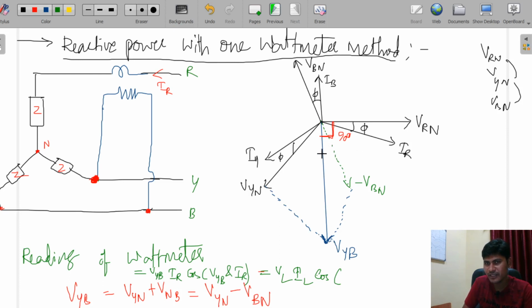It is 90 minus phi, because the angle between VRN and IR is phi, and the angle between VRN and VYB is 90 degrees. Then the angle between IR and VYB will be 90 minus phi.